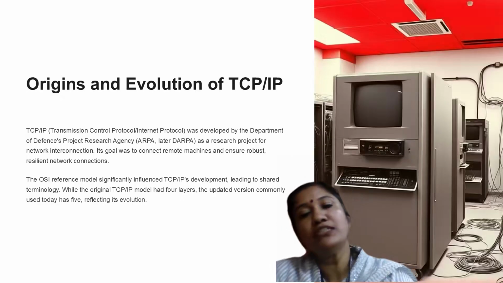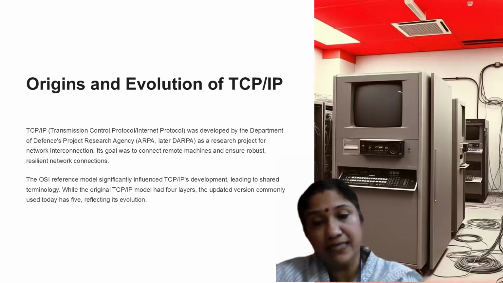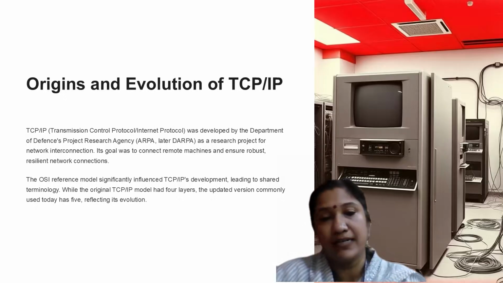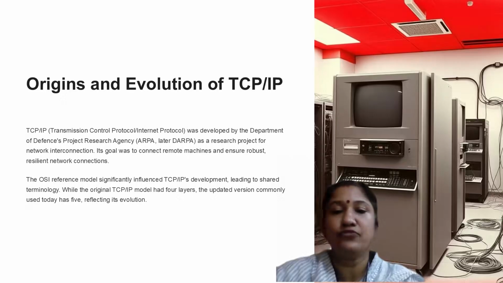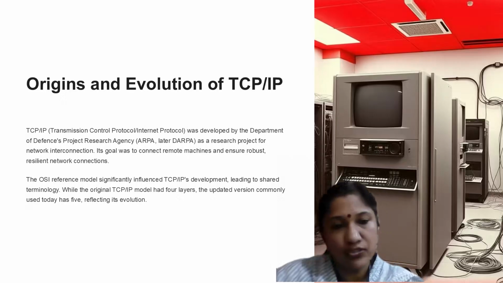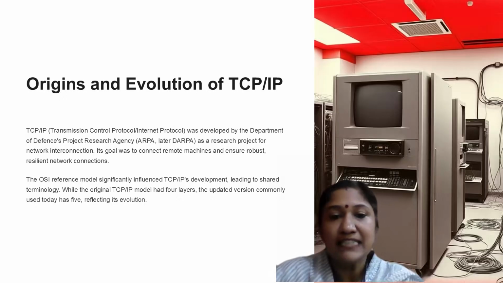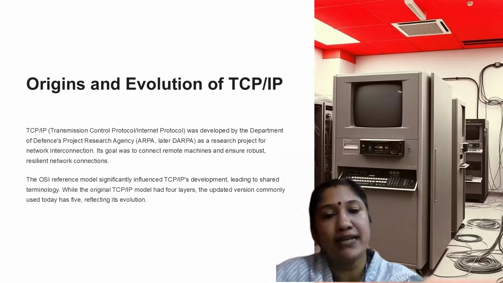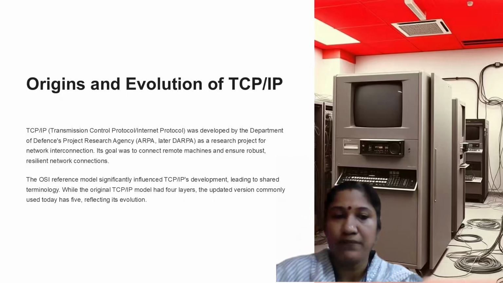Coming to the origin and evolution of TCP/IP, as you know, TCP/IP is the backbone of the internet. Its expansion is Transmission Control Protocol/Internet Protocol, and it was developed by the Defense Advanced Research Projects Agency, ARPA, later renamed DARPA. It was a research project for network interconnection, and its goal was to connect remote machines and ensure a robust network connection.